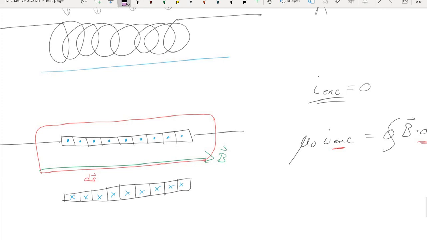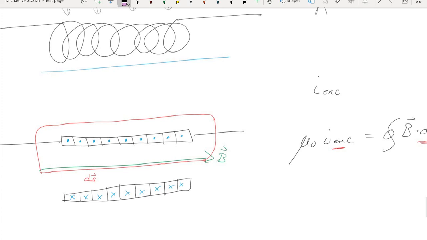Remember, with Gauss's law, we didn't want to enclose a net charge of 0 because then we wouldn't get an electric field. In the case of Ampere's law, we don't want to produce a net current of 0, otherwise we're not going to be able to use Ampere's law.